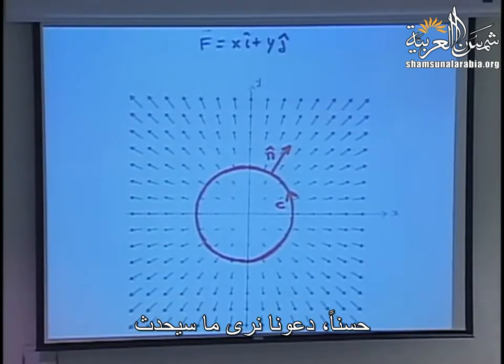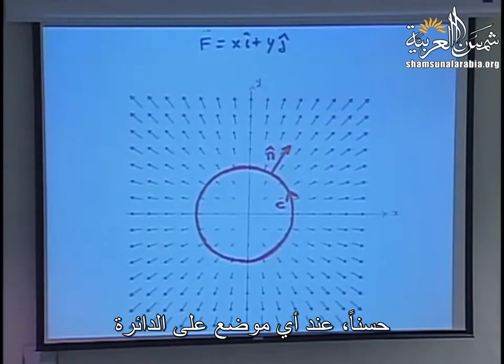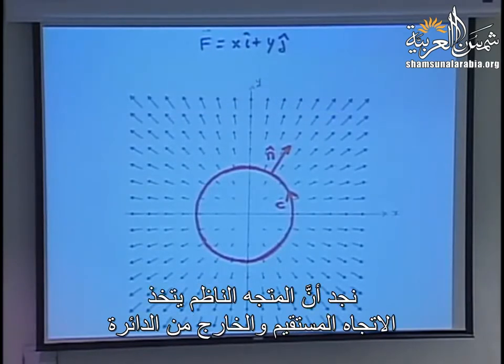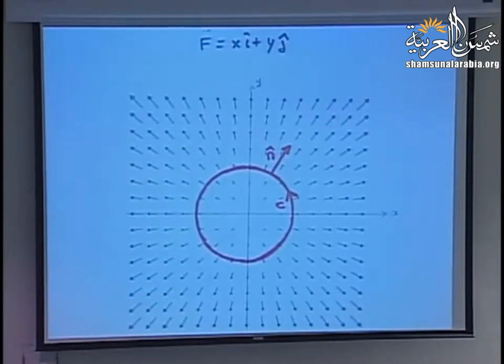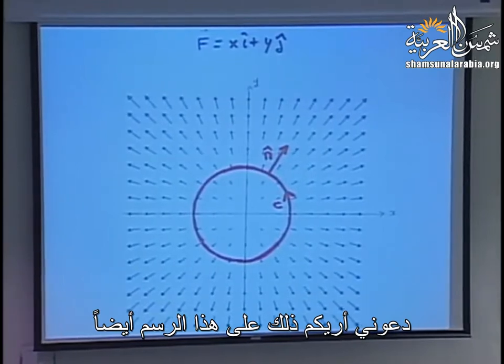So let's see what happens. If I'm anywhere on my circle, the normal vector is sticking straight out of the circle, right? That's a property of a circle, that the radial direction is perpendicular to the circle. Let me complete this picture a bit.